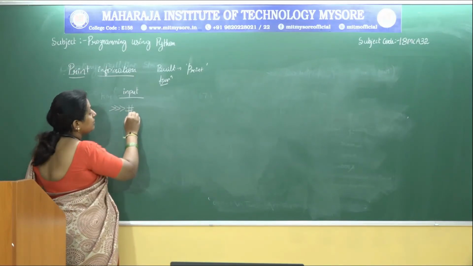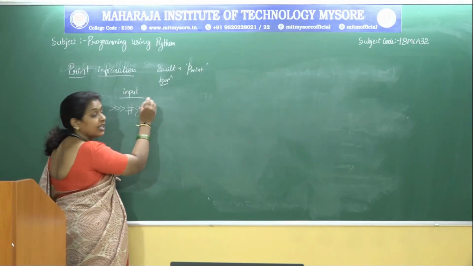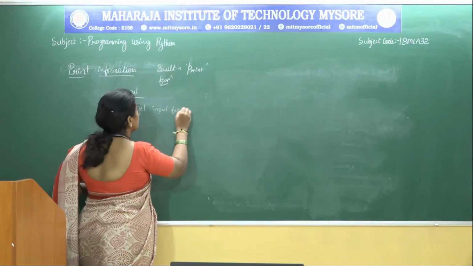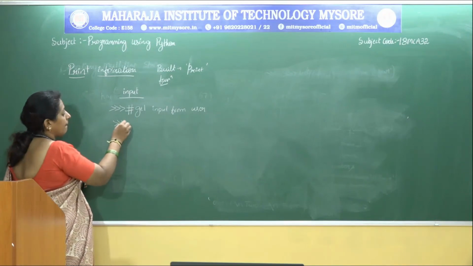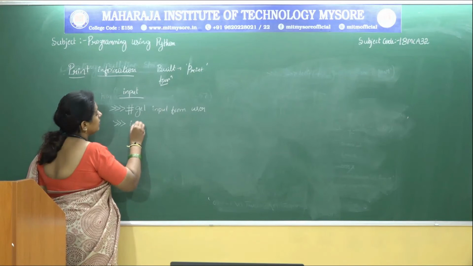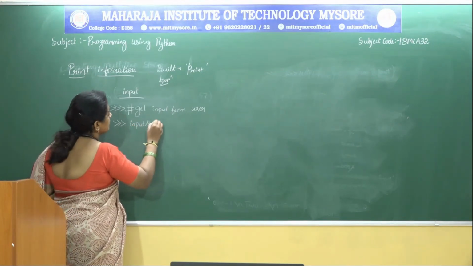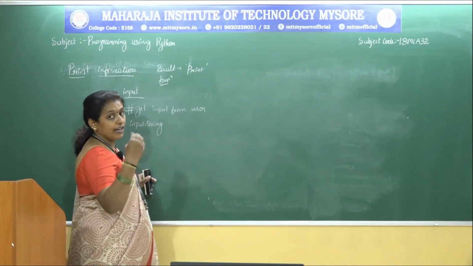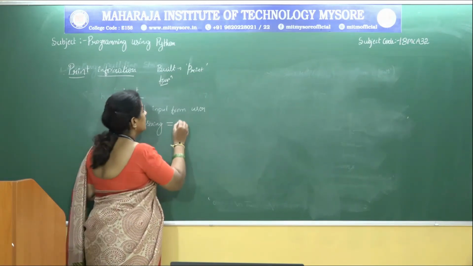The first hash symbol represents a comment: get input from the user. Then here I am assigning a keyboard value to a variable called input string.